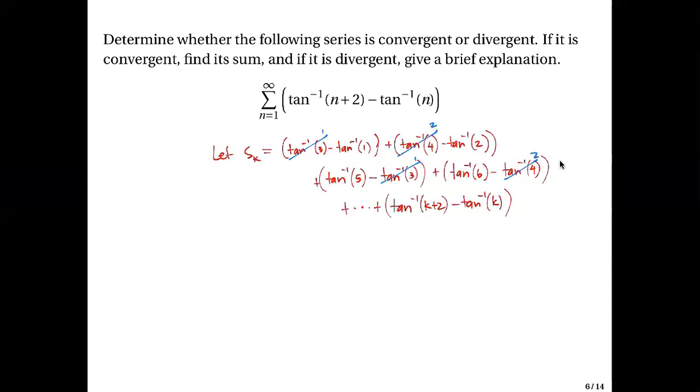And if we added one more term in here, where n equals 5, the minus tangent inverse of 5 will cancel this one. So it will cancel this one on the third term, etc., somewhere here. And then what part will be canceled here? The tangent inverse of k. So notice that this one here will be canceled.